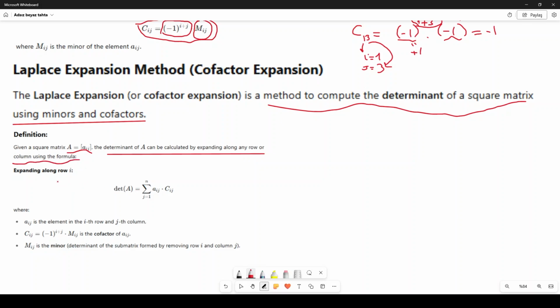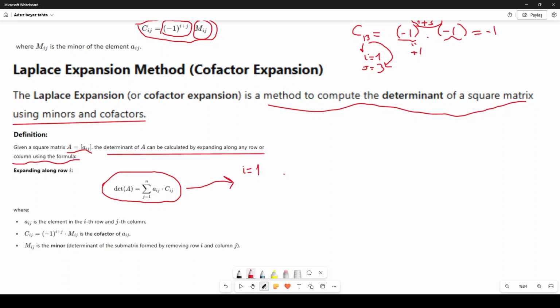Suppose we expand this matrix along row i, then our formula works in this way. So if you want to find the determinant of A, and suppose i is equal to 1. What does this mean? When I take the value of i equal to 1, then I expand along the first row. And I will use this summation formula.